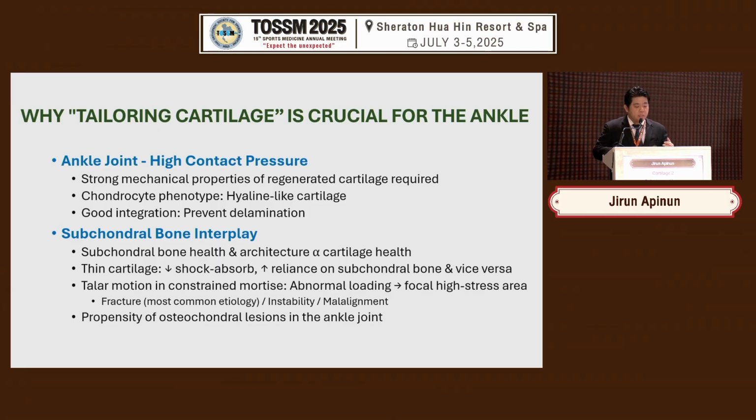First, with its high contact pressure, the regenerated cartilage needs to have strong mechanical properties, which means it should be hyaline-like cartilage, with good integration to prevent further delamination. Also, with the thin cartilage and less inherent shock absorption, it requires more reliance on the subchondral bone.